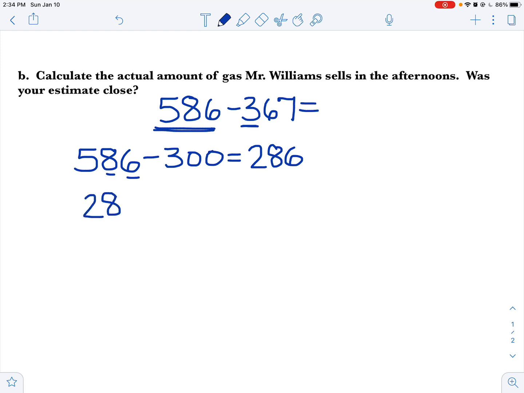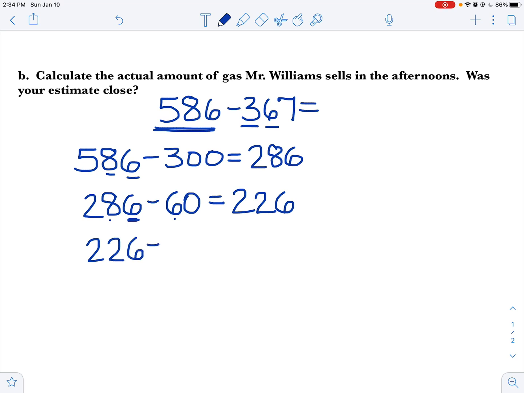So now I have 286, and now I want to take away my tens. So I'm going to take away 60. Well, I know I'm still going to have 200 left. I'm not touching my hundreds here. 80 minus 60 is going to be 26. I know I still have 6 left because I'm not taking away any ones, right? Now I have 226, and I want to take away 7.